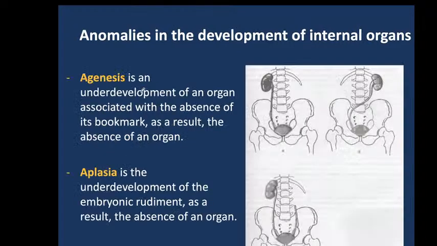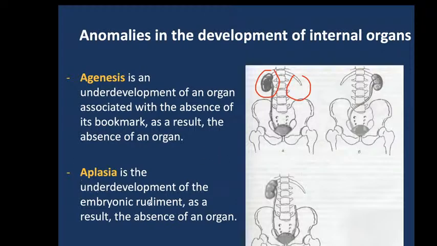What does it mean? Agenesis is when there is no organ. Here is one kidney, only the right kidney, and no left kidney. It means no production, an absolutely absent organ.